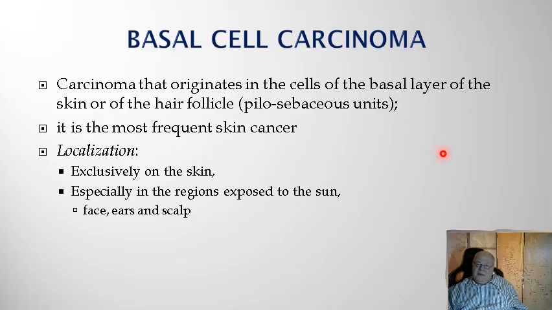And we'll now start to see the different types of carcinoma, starting with the basal cell carcinoma, which is somehow considered to be a borderline tumor, despite the name of carcinoma, because biologically it appears on the surface of the skin only, and it is in fact the most frequent cancer of the skin.